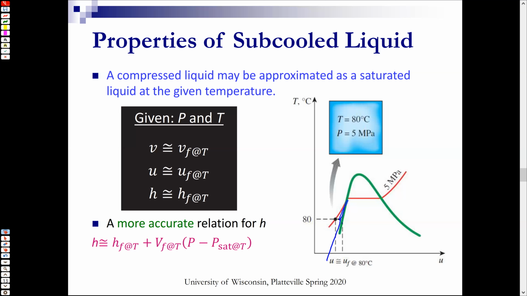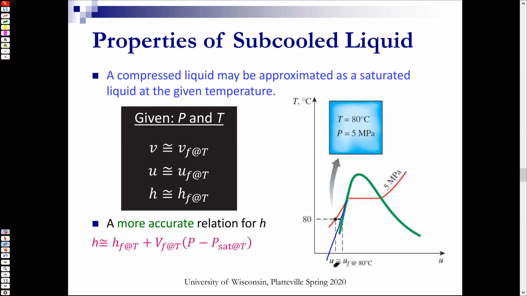It is very, very close to the saturated liquid line on the left-hand side, right? We just exaggerated it to make it clear what we're talking about on the left-hand side. But if we don't exaggerate it, you will see that the constant pressure line is very close to the saturated liquid line, which suggests that the properties in this region can be estimated with the properties of the saturated liquid at the same temperature.